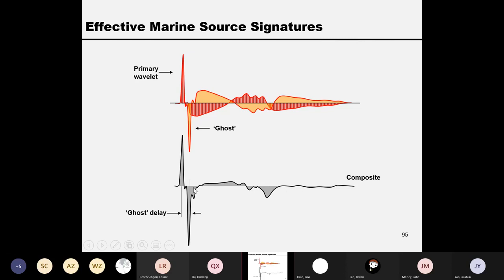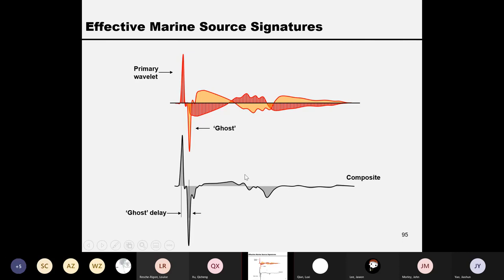You know exactly the prediction distance from here to here. You know this one is identical to this, so it's predictable. You predict this one and then cancel it, right? That's called predictive deconvolution. That's the important one.